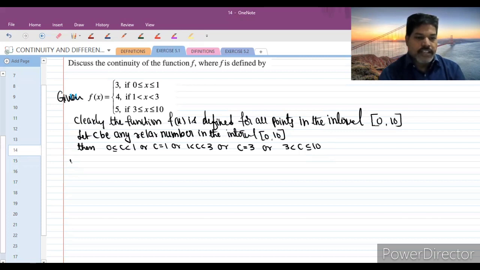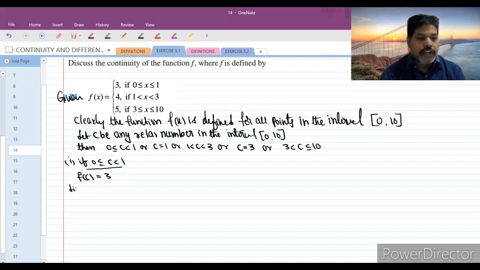Case 1. First case, I am taking 0 less than or equal to c less than 1. Then what is f of c? f of c is equal to 3 only, because it is a constant.